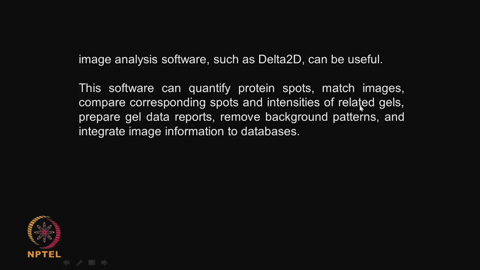For example, I have the protein from a tissue sample before treatment and after treatment. I can compare those two 2D gels, and then I say some proteins have disappeared. So, I can say maybe enhancement or suppression because of treatment. It can prepare gel data reports and remove background patterns.